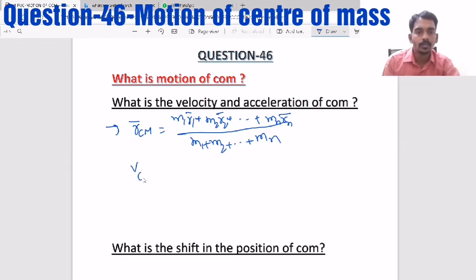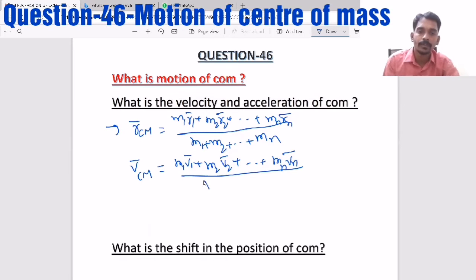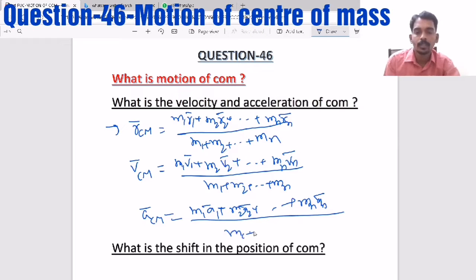Then if you differentiate both sides, you will get the rate of change in position, nothing but velocity of center of mass, that is m1 v1 bar plus m2 v2 bar, so on mn vn bar, whole divided by m1 plus m2 plus so on mn. Similarly, acceleration of center of mass is m1 a1 bar plus m2 a2 bar, so on mn an bar, whole divided by m1 plus m2 plus so on mn.